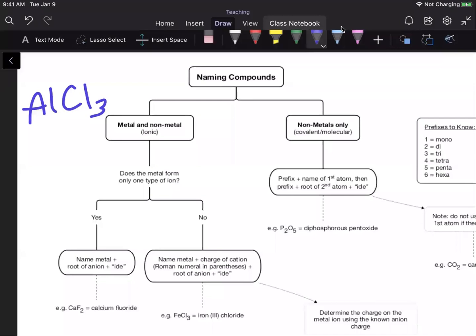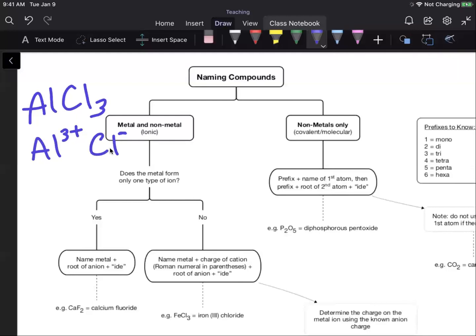All right, for our third example, we have AlCl3. That is an ionic compound. We have a metal, aluminum, and chlorine, which is a nonmetal. That's our anion. We start with aluminum. Aluminum is in group 3A, so it's going to be Al3 plus. Chlorine is in group 7, so it forms a 1 minus charge, Cl minus.